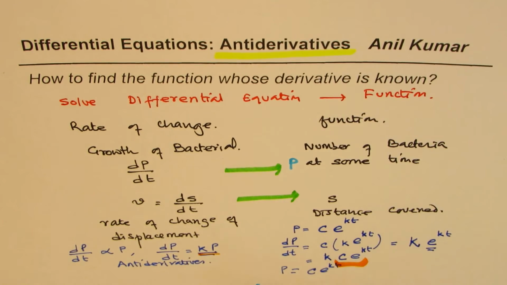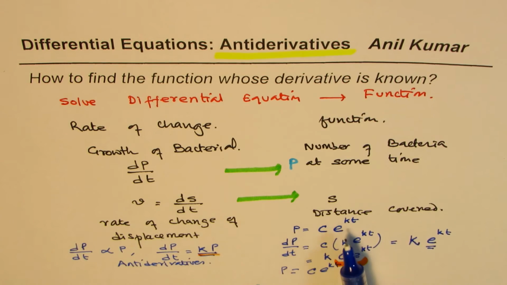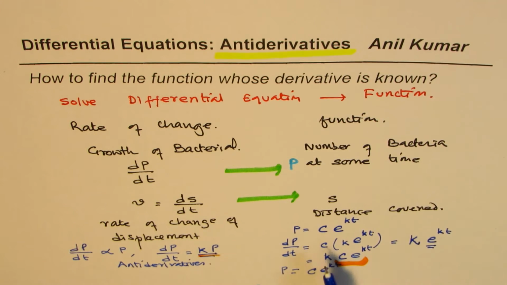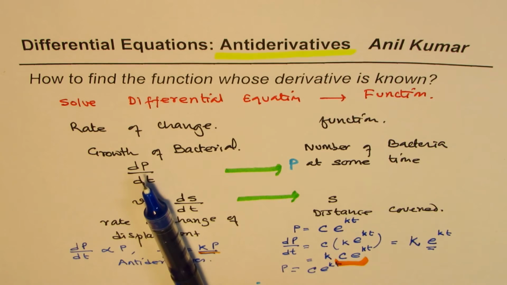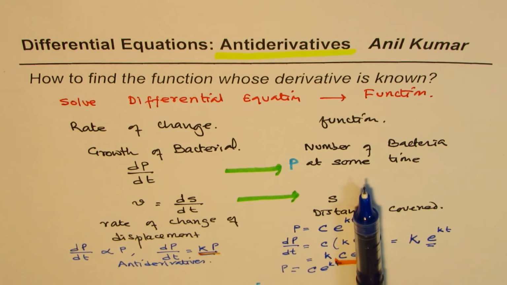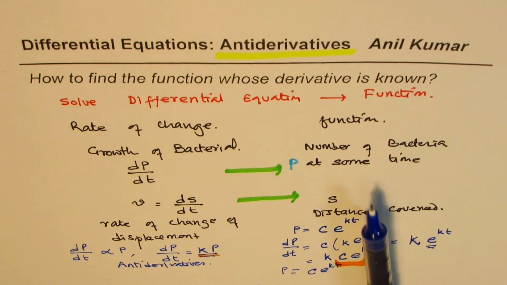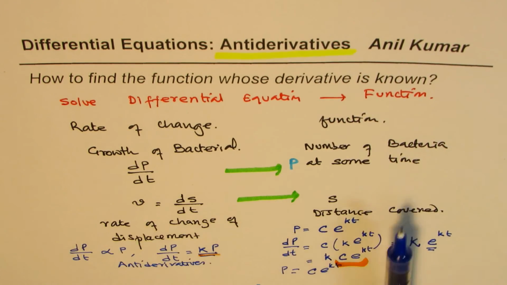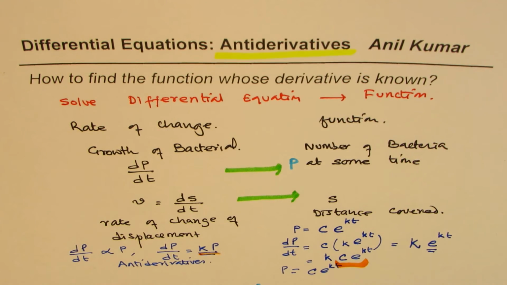So this small example gives you an idea of how to link derivatives and antiderivatives to solve real life problems. So in this particular video, what we learned is that in cases where the rate of change is known to us and we want to find the function, we can use antiderivatives to find the function. So it's kind of a backward calculation as we've done for differentiation, right?